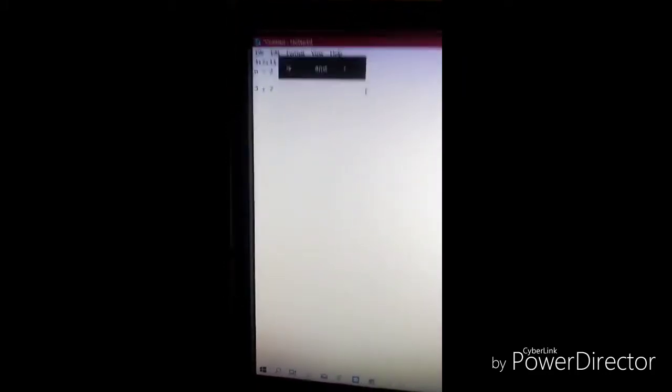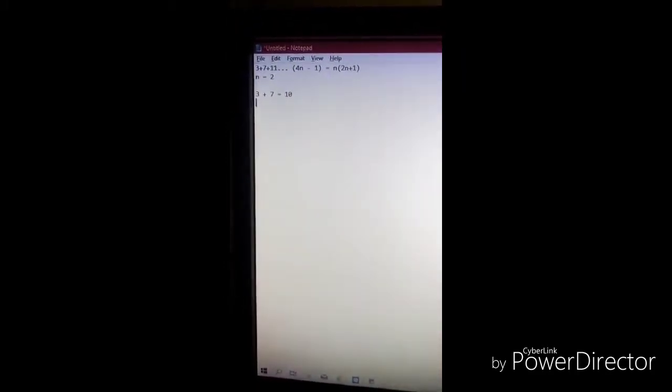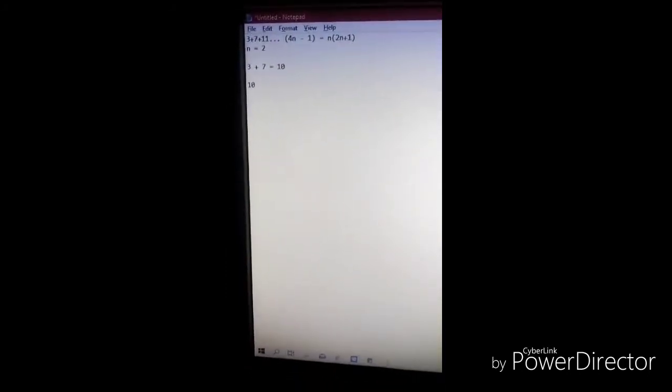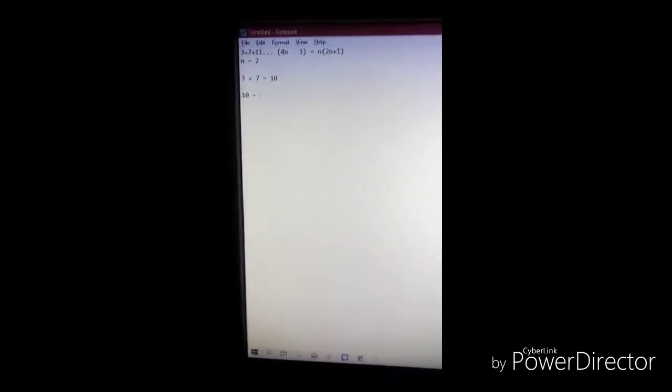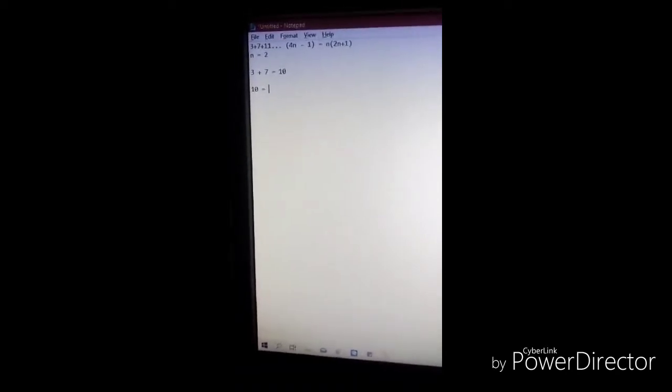If n is equal to 2, we'll use the sum of 3 and 7, which is 10, so we'll have 10 there. And we'll substitute n with 2, so we will have 2 multiplied by 2 plus 1.